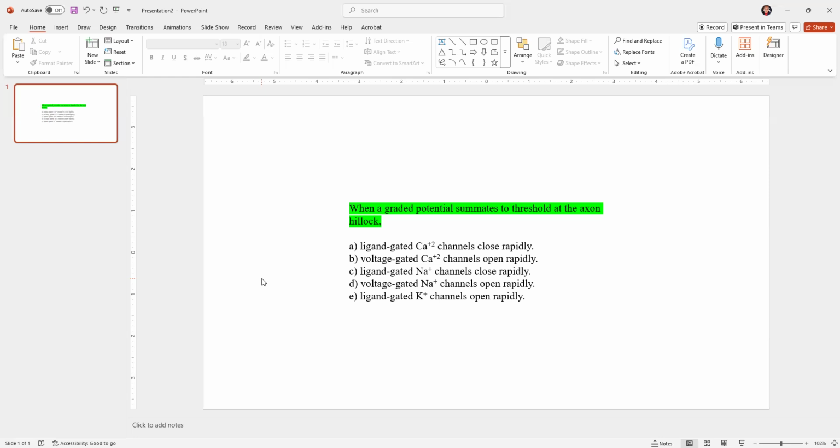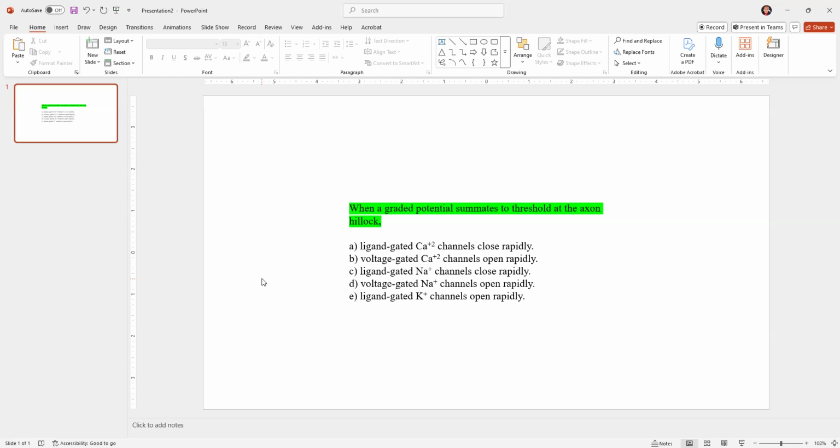So ligand gated channels are found in your dendrites or sometimes on your soma if it's an axosomatic synapse, or if it's a neuromuscular synapse, right? So for ligand gated channels to open, you need a ligand, either a neurotransmitter or some stimulus. Ligand gated means a ligand has to stimulate and the gate opens.